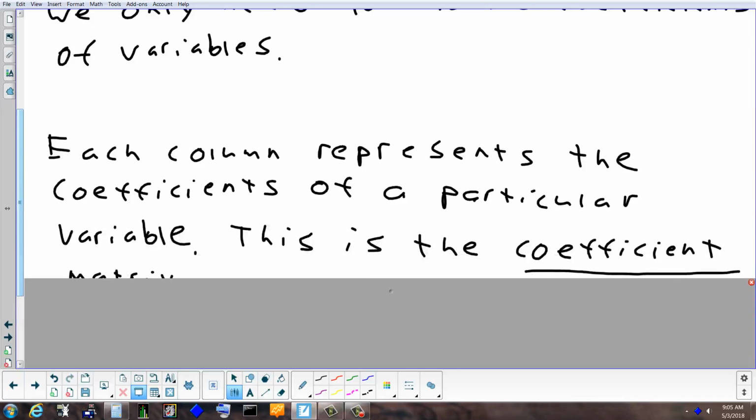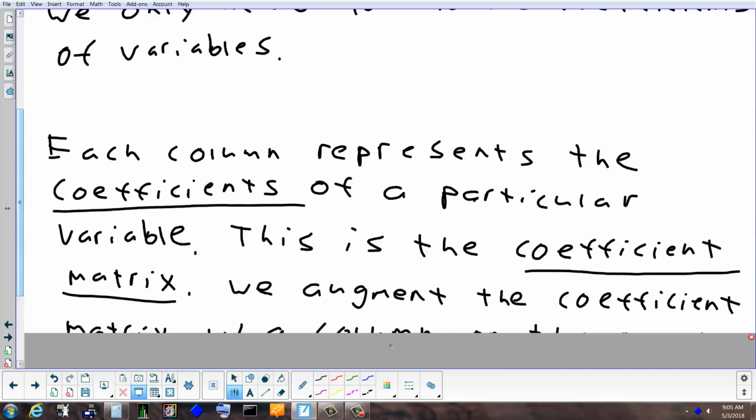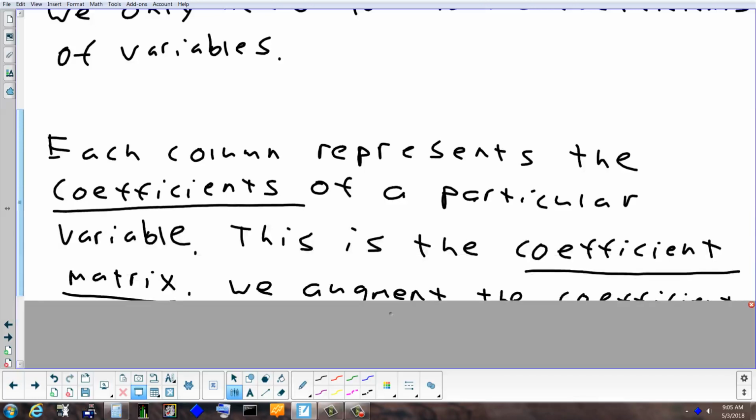The matrix that you set up that has all the coefficients of the variables in it is called the coefficient matrix. But remember that the coefficients aren't the only thing in the problem. You might have something like that: a 2, an 8, a 3, a negative 12.